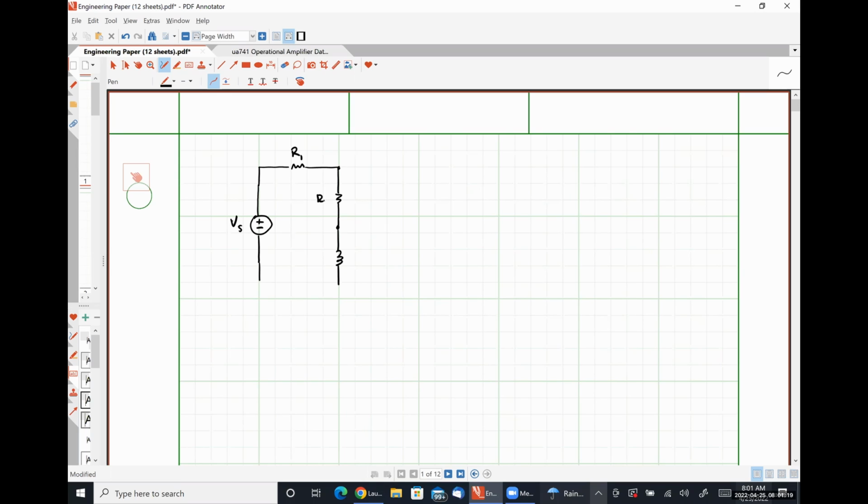Call this R1, R2, L. In this particular circuit, it doesn't really matter if the switch is opening or closing, that voltage source Vs is still connected to the inductor.